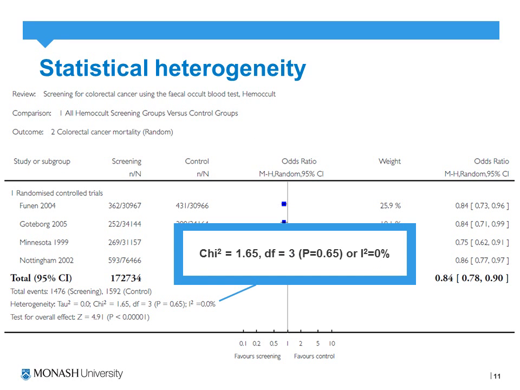So if we look at the various tests to identify heterogeneity, they're usually reported down the bottom here. We can see that our chi-squared is 1.65, which is great, and it means absolutely nothing to most people. If we look at the degrees of freedom, we can see that it's 3. Great.